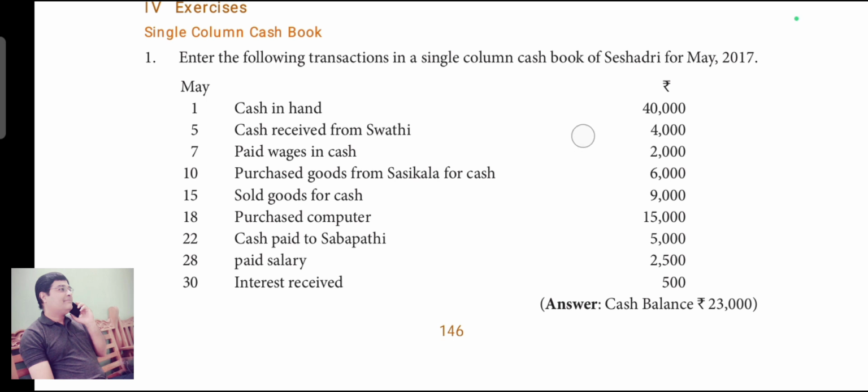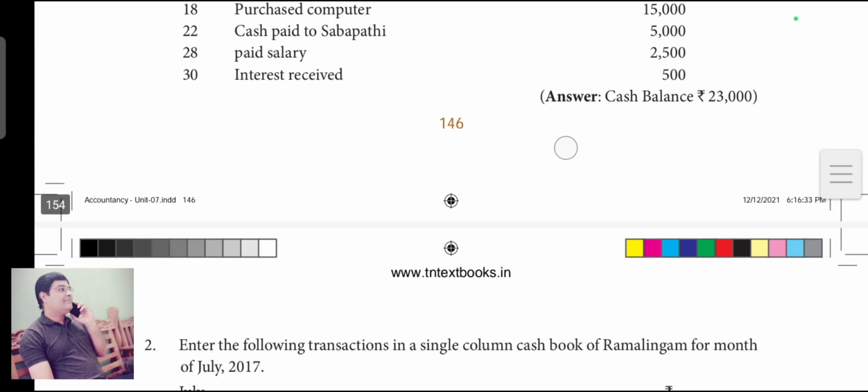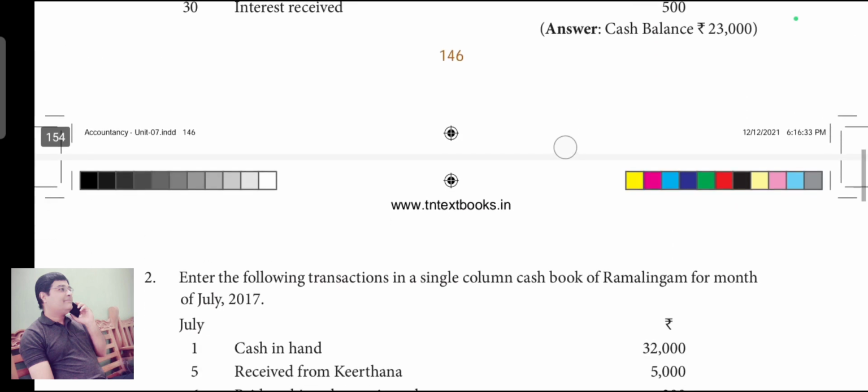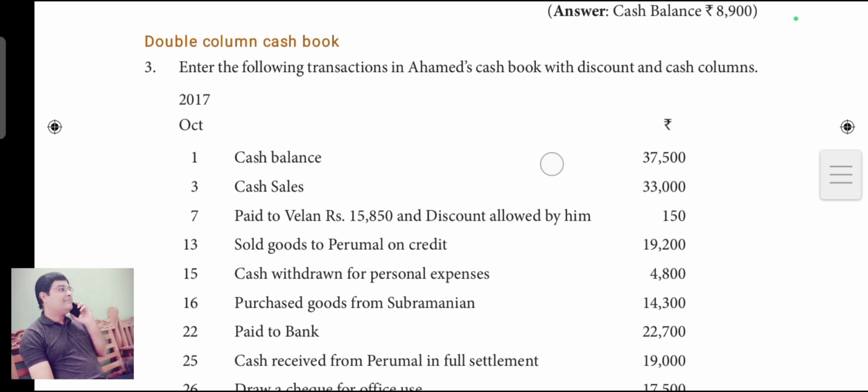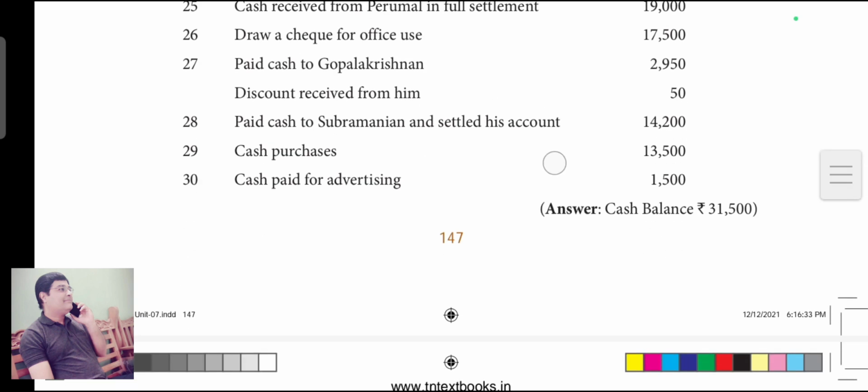Now move on to exercise sum. The important exercise sum is second exercise. In double column cash book, sum number 3.